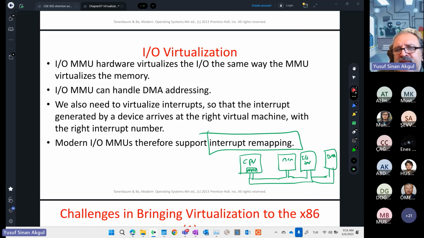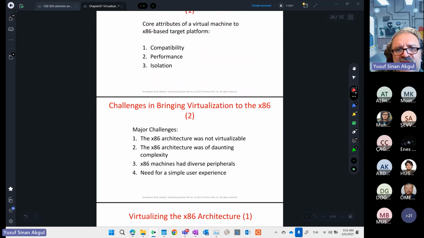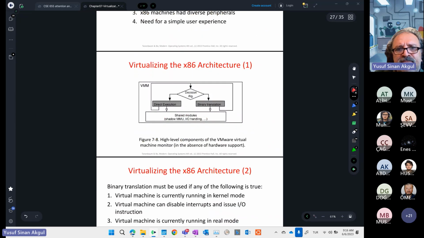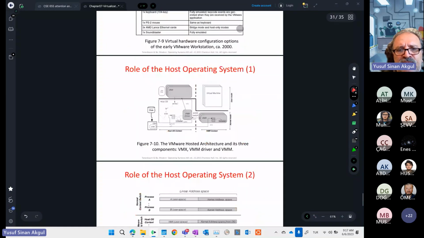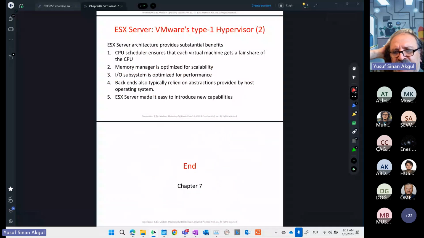Of course it is not this simple. There are many other details of virtualization, but this is how much I like to talk about. This book talks about the virtualization of the Intel x86 architecture, but I will not go into that kind of detail, and that will be basically it.